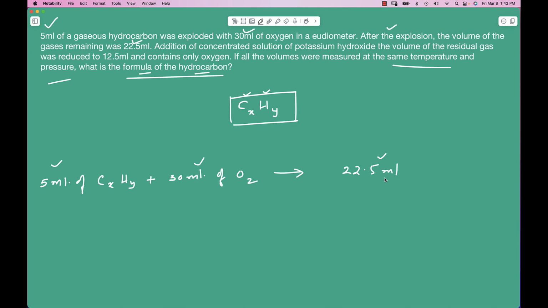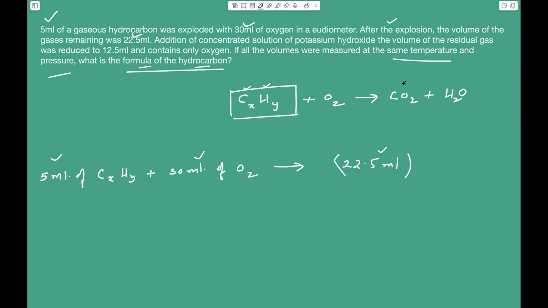Now I have a question. What are all present in these gases at room temperature? See, whenever a hydrocarbon burns in sufficient oxygen, it produces only two compounds, carbon dioxide and water vapor. So obviously at the end of the reaction, there will be some CO2 and H2O.